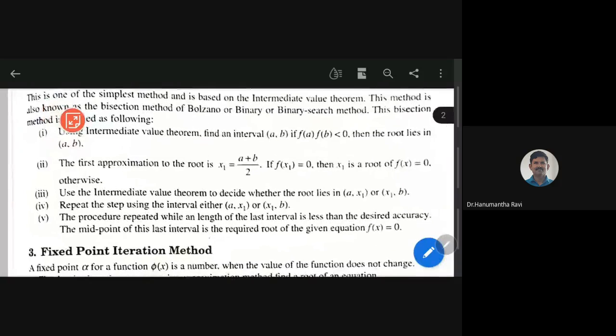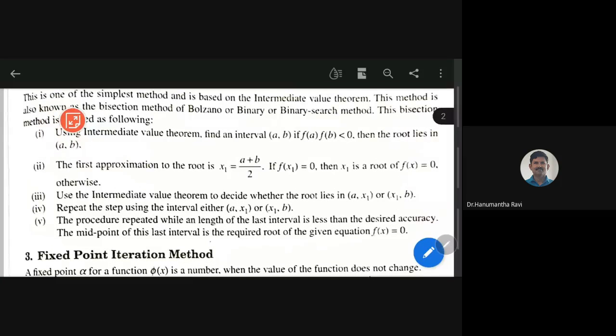See, bisection method means simple. You find two numbers A and B such that A is less than B and f of A into f of B is less than 0. Then an approximate root of that equation f of x is equal to 0 is given by A plus B by 2. That's an approximate root, it says.